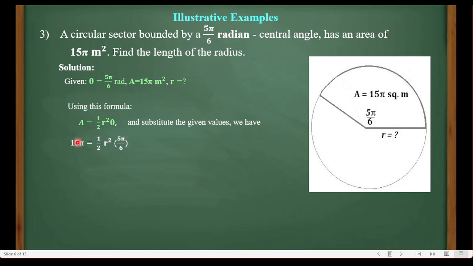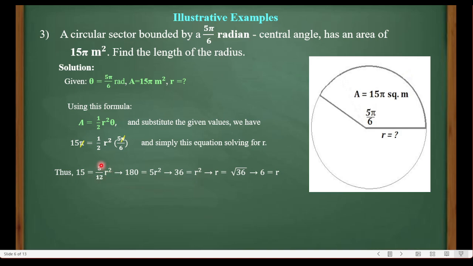And then we manipulate the equation, solving for r. Of course, pi will be cancelled because the two pi's are present on both sides. And then simplify the resulting equation, solving for r. Okay, so these are the steps.